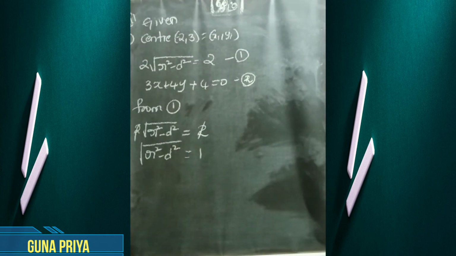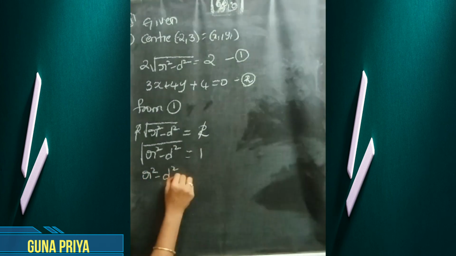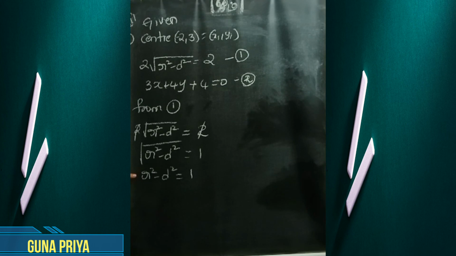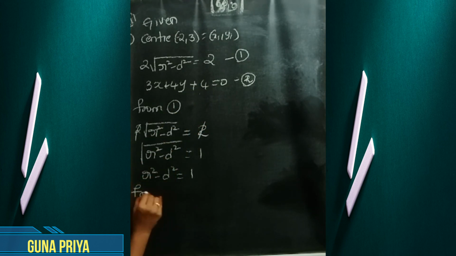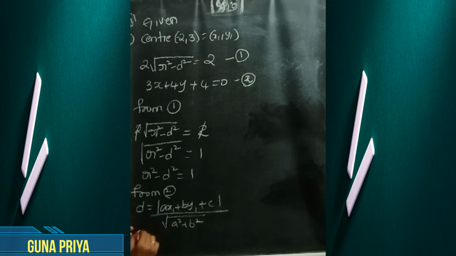If the root goes to the other side it becomes a square, so 1 square is 1 only. From 1 we have got r square minus d square equals 1. Now from 2, d equals ax1 plus by1 plus c over root of a square plus b square.